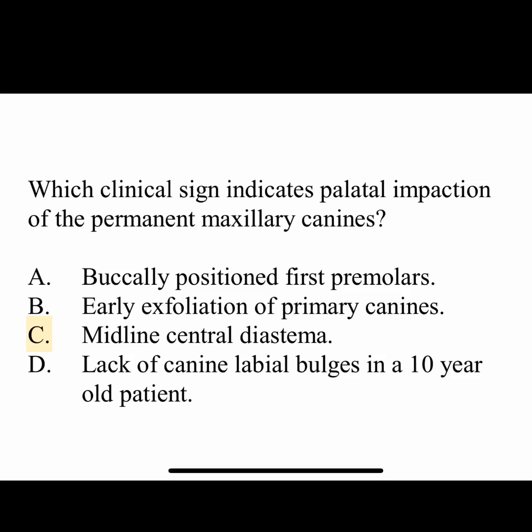Apologies for the wrong option that has been highlighted here, but when it is the erupting age of a canine, and at that point of time, if there is no bulge present, it does signify that the canine has gone astray from its normal erupting position and most likely is going to be impacted in a palatal position.